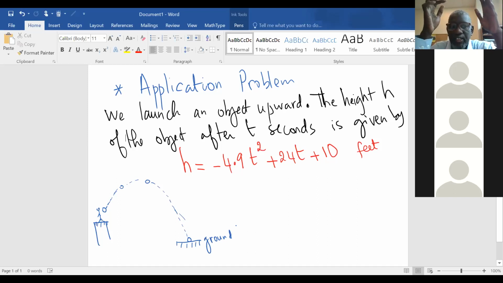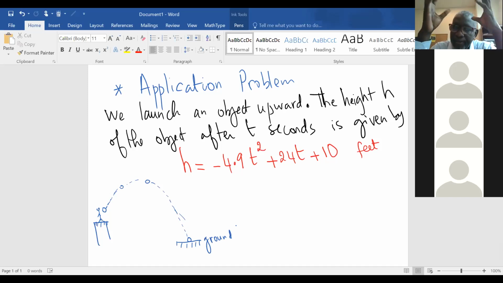If the object is mainly subjected only to its own weight, that is what you call a free fall in physics, if you don't have a lot of wind or something like that.